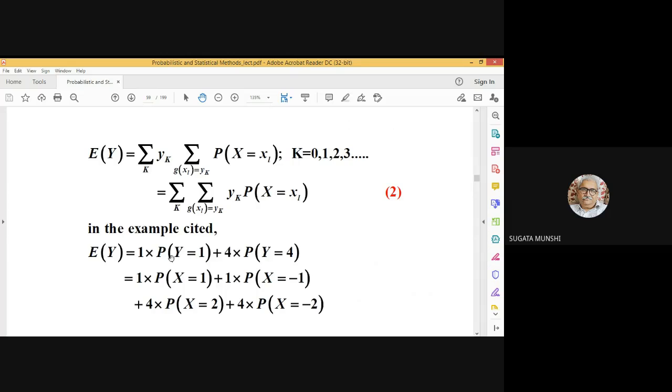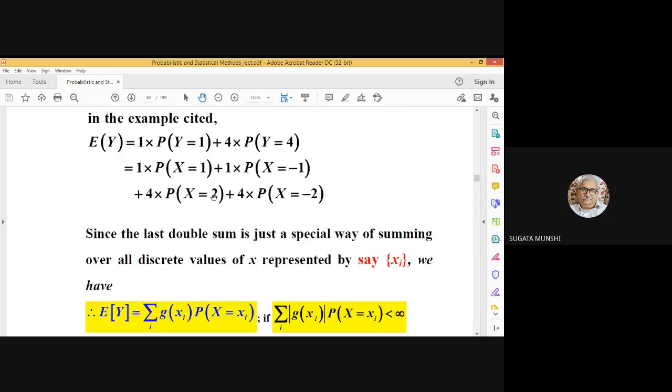But probability of y equal to 1 is probability of x equal to 1 plus probability of x equal to minus 1, so that one consists of two terms. Similarly, this one consists of two more terms. So that is an illustration of equation 2.